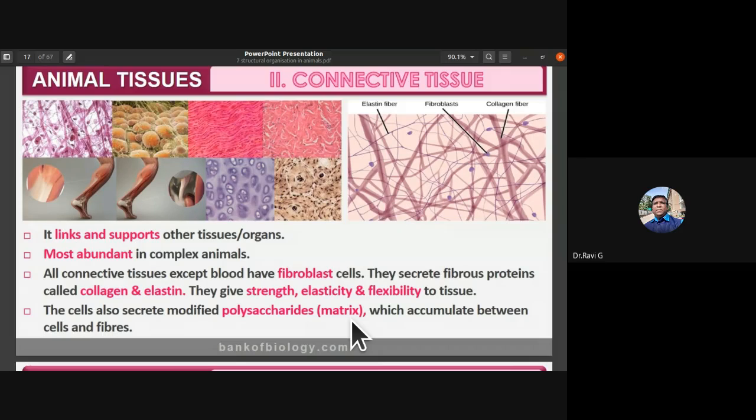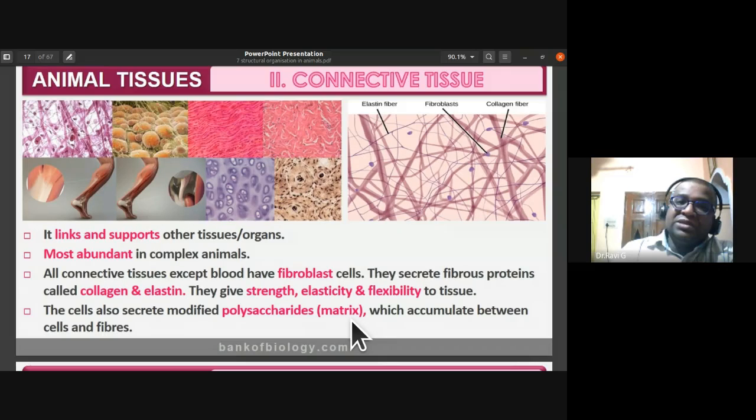What do they secrete? Modified polysaccharides, that is the matrix, which accumulates between the cells and the fibers. These are some of the attributes of connective tissue. Connective tissue is mesodermal in origin, and it links and supports other tissues or organs.